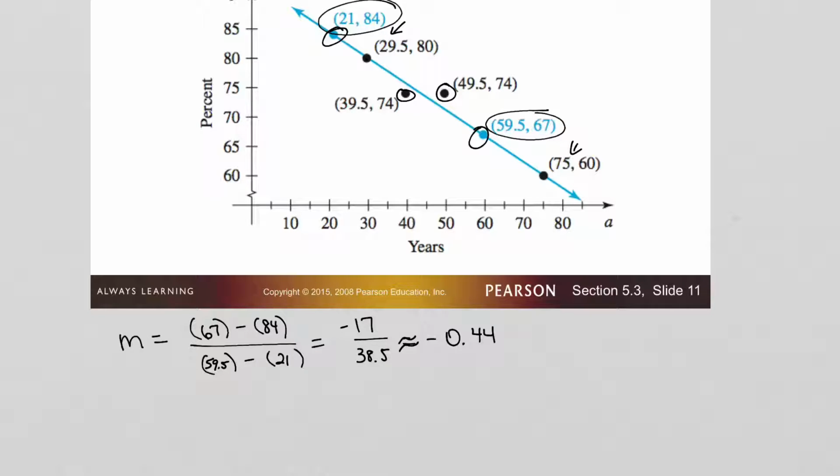So now that I have my slope, I can start writing the equation of my line. I'm going to use the point (21, 84) as my x sub 1, y sub 1, and my negative 0.44 as my m. So I've got y minus 84 is equal to negative 0.44 times x minus 21. And now I'm going to turn this into slope-intercept form.